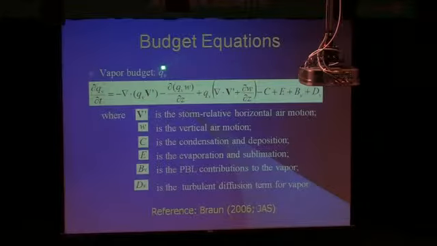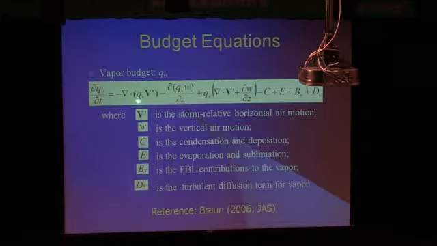So we do a careful budget equation. First, we look at the water budget for QV, and we basically follow the methodology of Scott Brown in his JAS paper. We recast the budget calculation in a storm-relative framework, in particular in the flux form. So it's the horizontal flux convergence, the vertical flux convergence, and the change of water vapor due to the divergence of the wind alone, and also condensation, evaporation, and other terms.